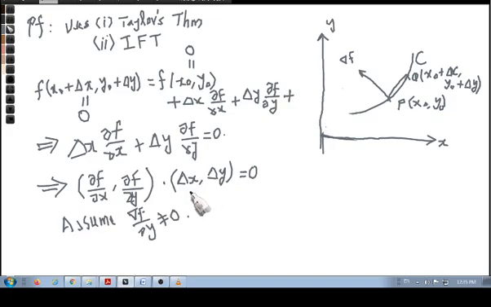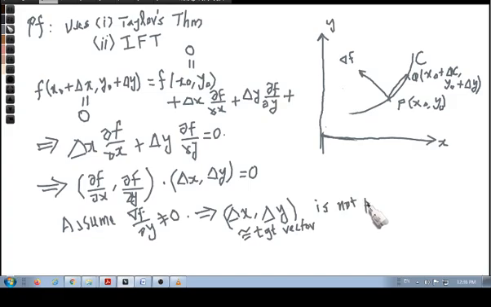That means this vector (delta x, delta y), or the tangent vector at the point P, is not parallel to the y-axis.